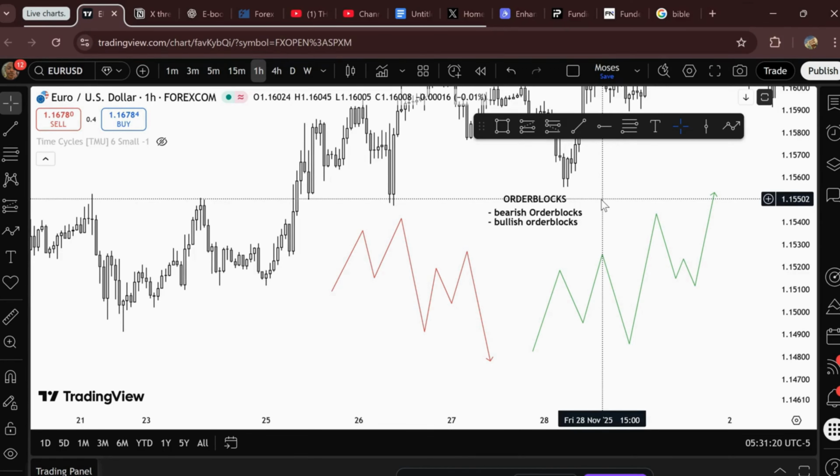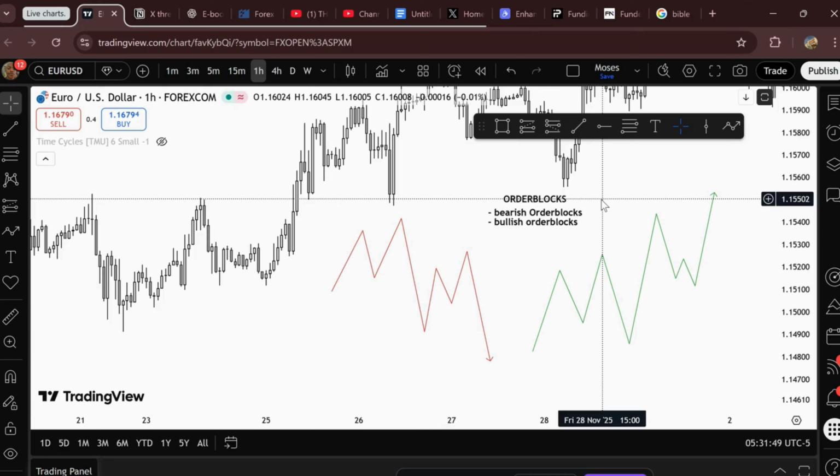To buttress that point, a bullish order block is basically a point of interest where buys are stored, a block of buy orders. And a bearish order block simply means a block of sell orders.